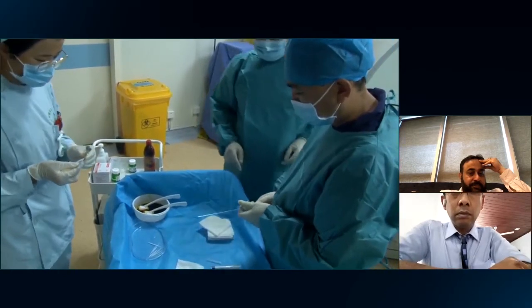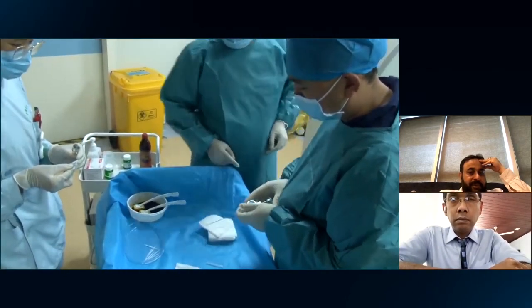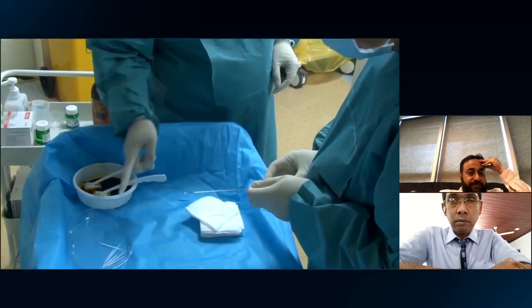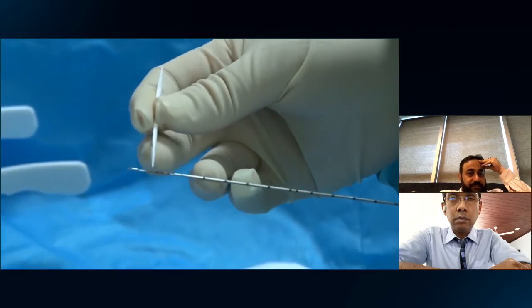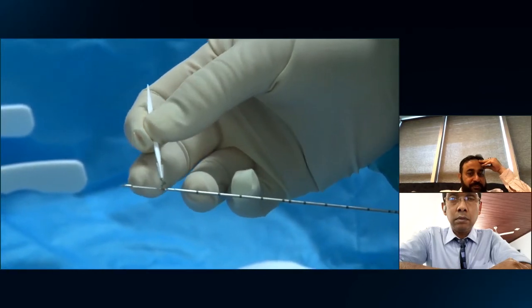So we are showing the core, the specimen. It's good.